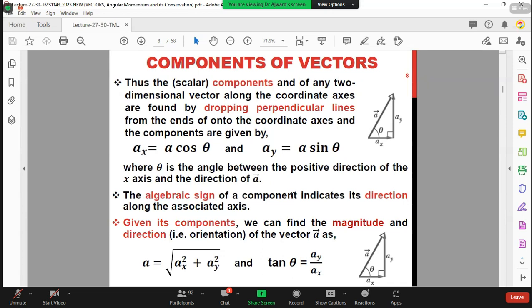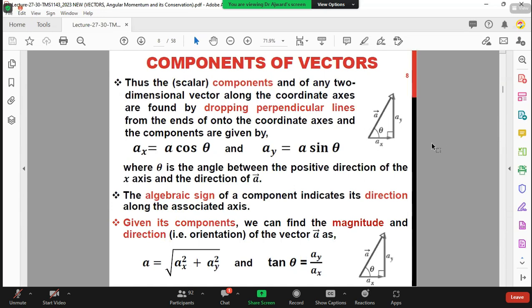The algebraic sign of a component indicates its direction, and the associated axis. For example, if a cosine theta is positive, then Ax is positive, which means it is in the direction of the positive x-axis.